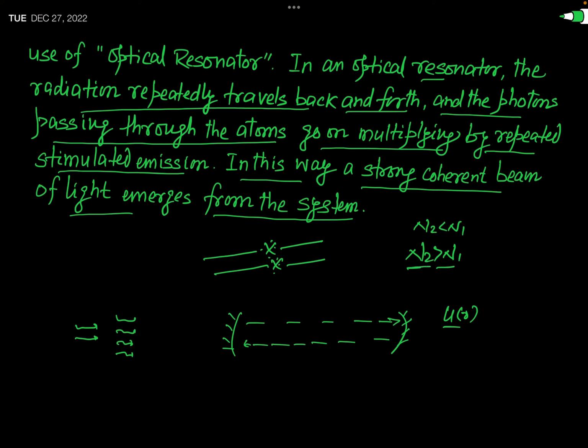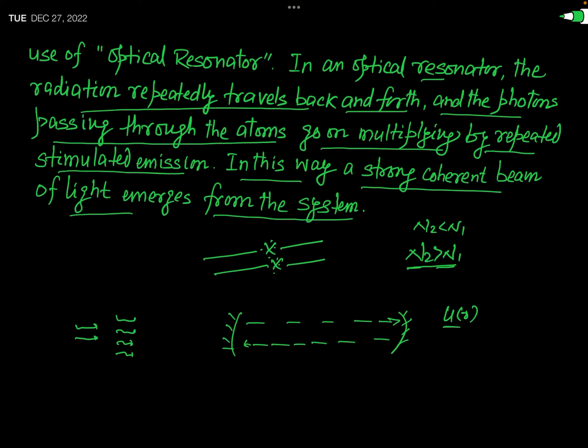When this population inversion takes place, the number density of the atoms in the higher energy level is greater, and the stimulated emission is promoted. It dominates over the absorption.